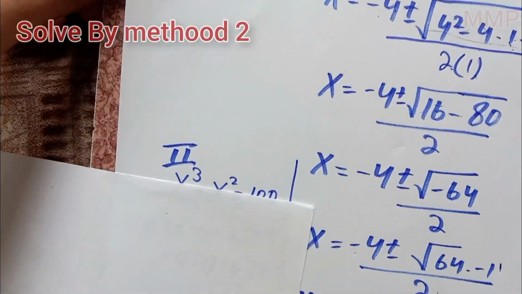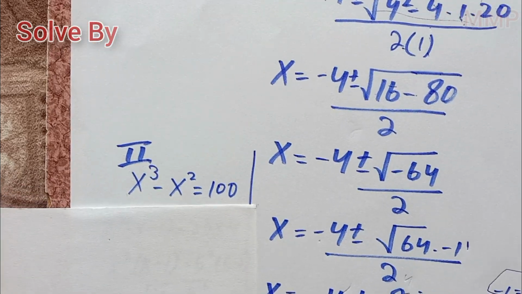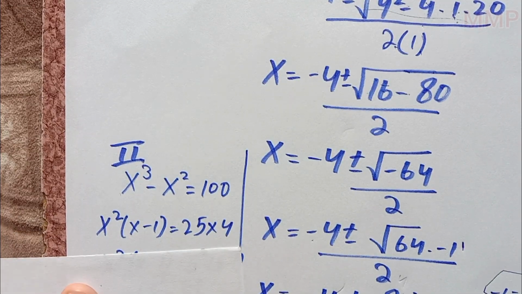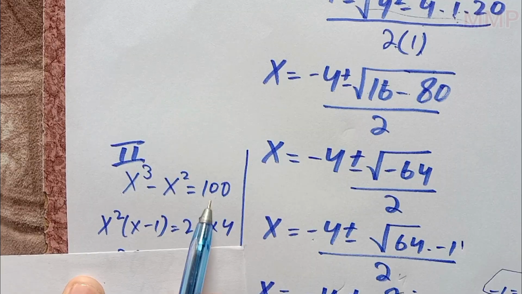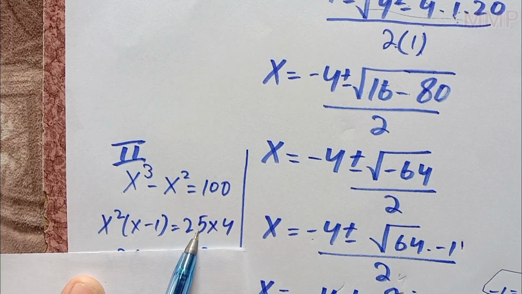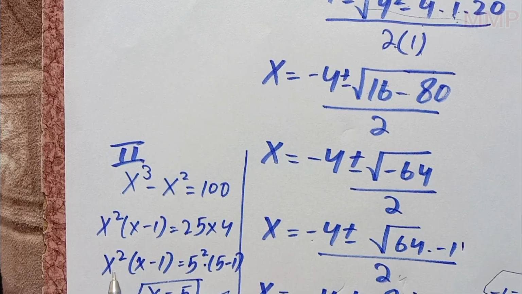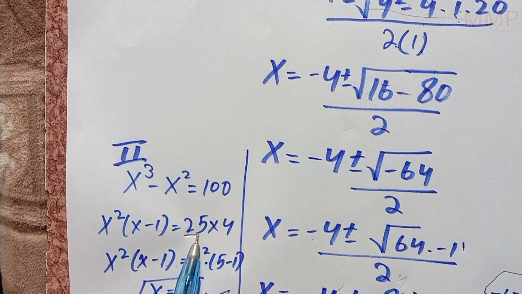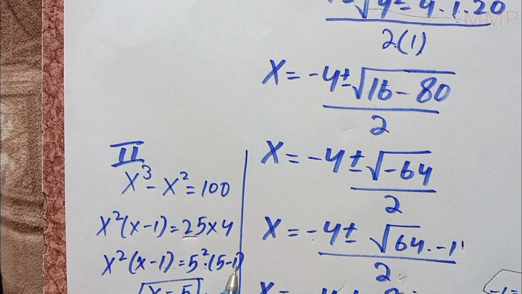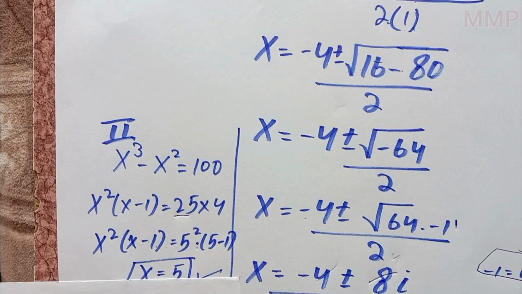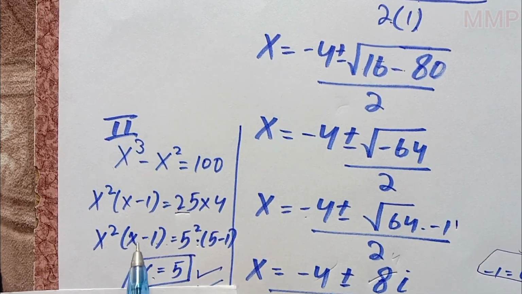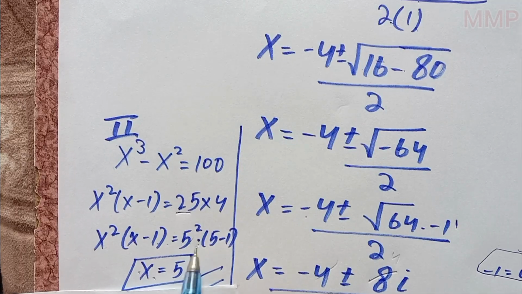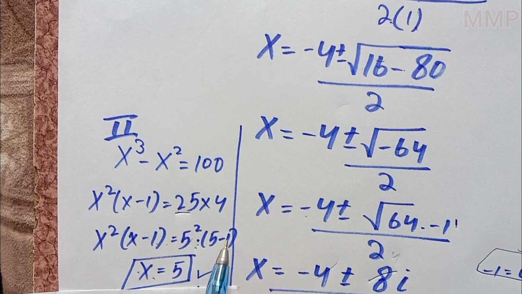Our question is x cube minus x square is equal to 100. x square into x minus 1 is equal to 100, and also equal to 25 multiplied by 4. x square into x minus 1: 5 square is 25, into 5 minus 1 is 4.